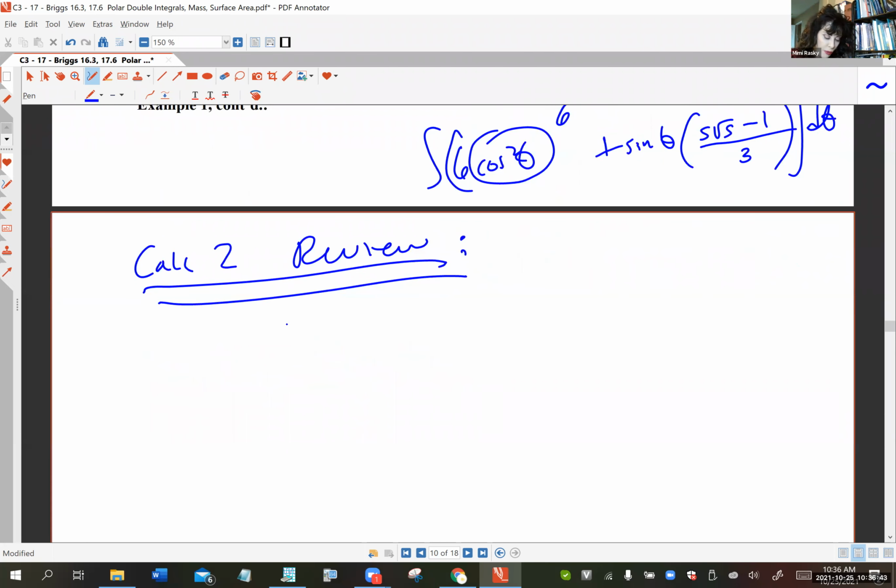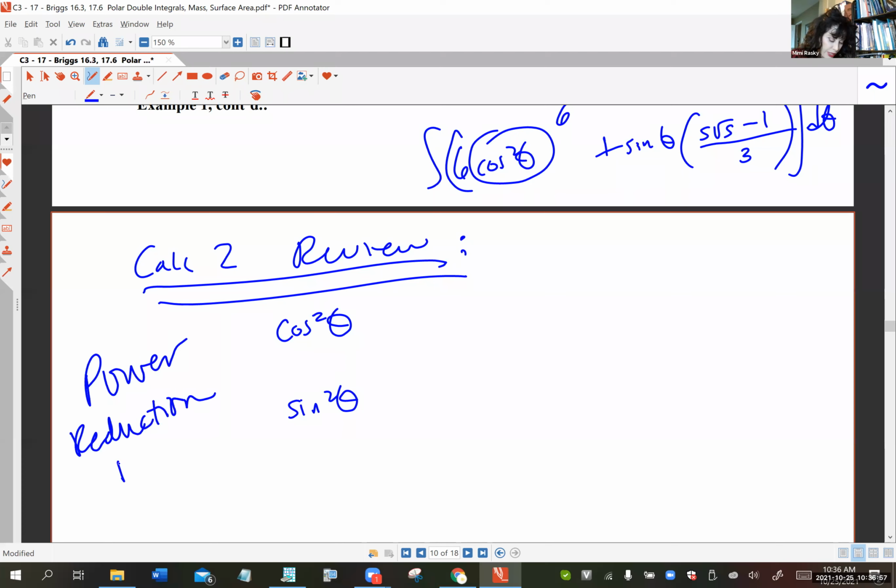When you have a cos squared or a sine squared, and they're asking you to integrate, you have to use the power reduction formula. And if you forgot this, don't worry, we're here to remind you, because yes, it's going to be on this coming quiz, and yes, it's going to be on the midterm, and yes, it's going to be on the final.